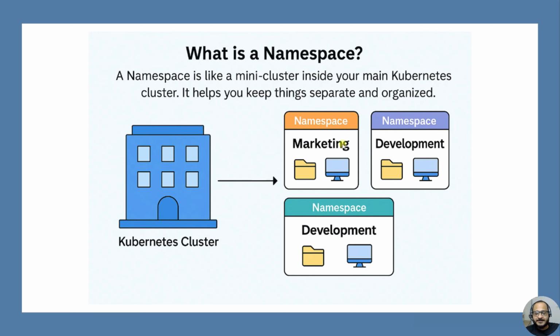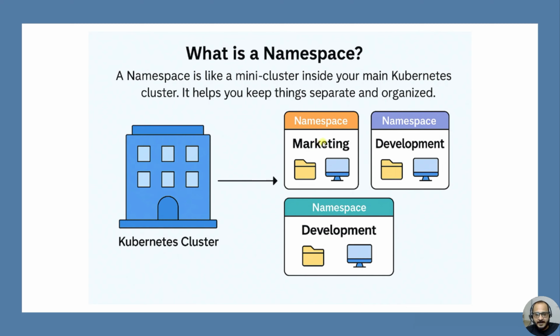But if we are using a separate namespace for each team or each project, then we are organizing our resources very meaningfully, and it also helps us manage those resources, because we know that all the resources we have created or are going to create will be available inside this particular namespace.